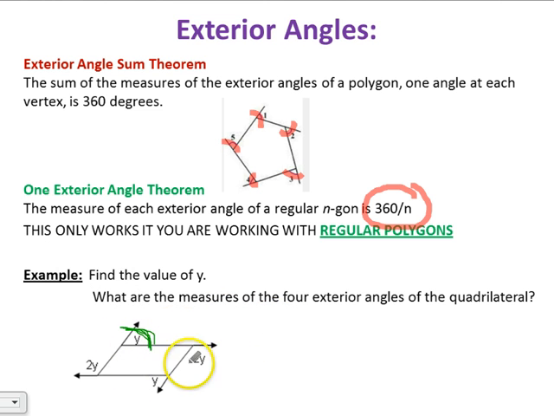How many sides are there in this figure? There are 4 sides. So we would take 360 divided by 4. 360 divided by 4, we get 90 degrees. So the angle measurement of each exterior angle would be 90 degrees.